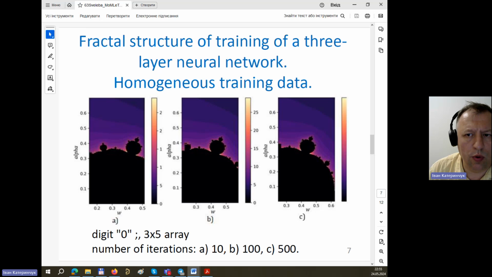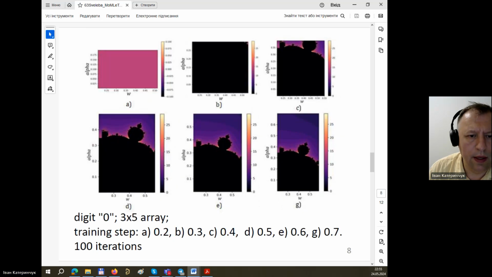So the fractal property of self-similarity refers to the entire set, not just a part of it. With an increase in the number of iterations, there is a change in the fractal picture, namely, the appearance of smaller recursive details can be traced.